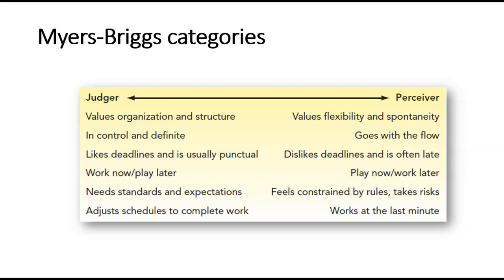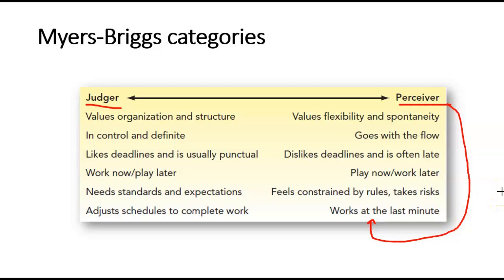Sometimes we have some issues related to conflicts in terms of when work gets done. So if we have timelines, a judger might set project timelines that are really tight and really precise, and even work ahead and beat the timelines, where our perceivers like to do things on a little bit different schedule.